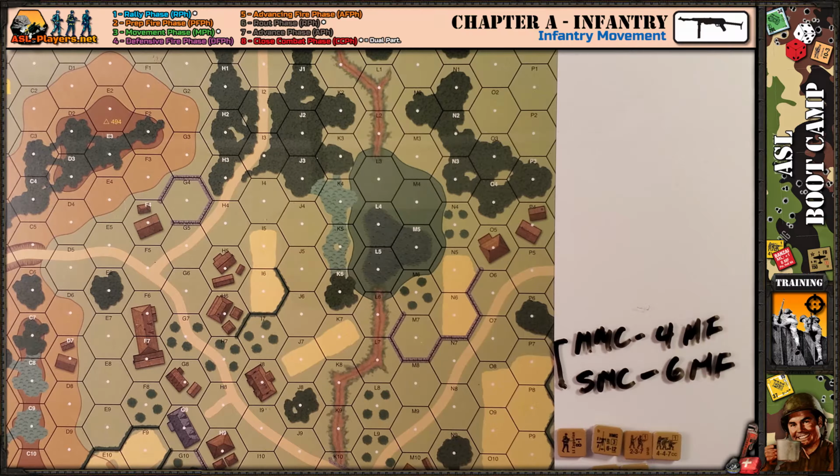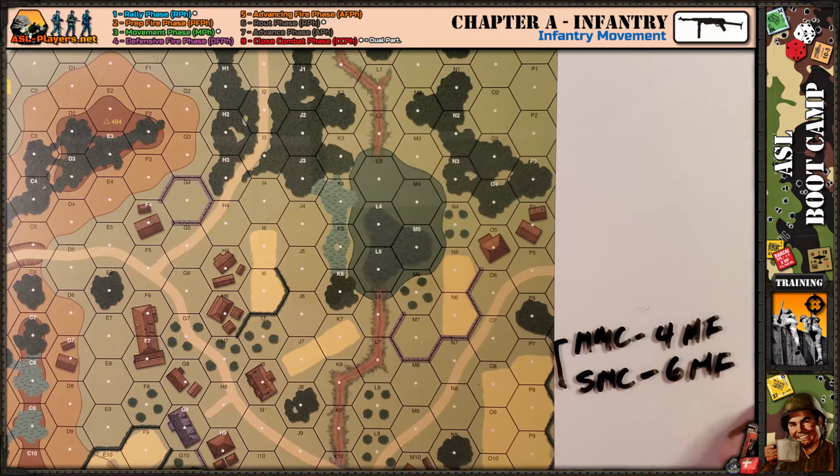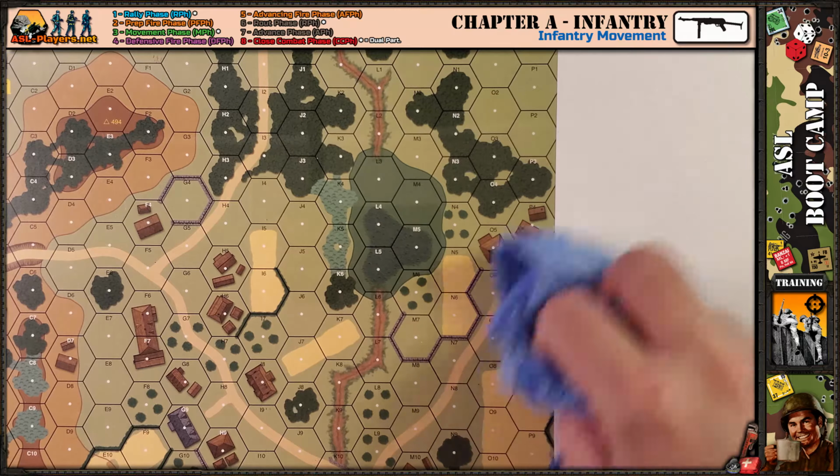So there's a distinction there. When you're reading the rules, you know that they're talking about either infantry moving or vehicles moving. So infantry is always movement factors. Now let's just start out with a lone squad here who has by himself 4 movement factors.